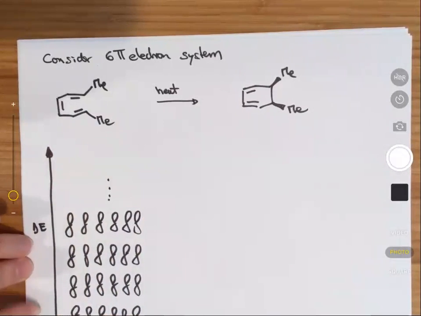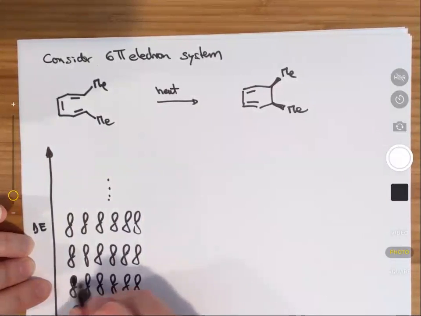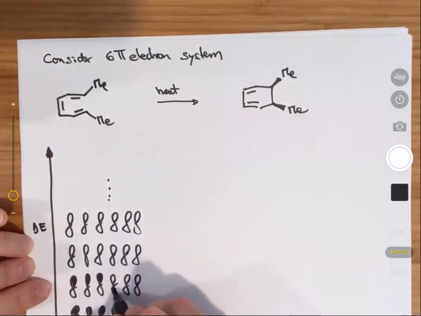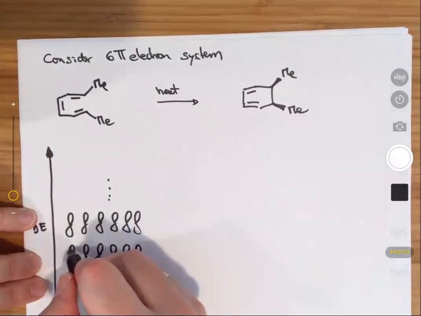The higher ones are not that relevant in this case. So again, we can fill these out. So phi 1 is going to be the one that has all on the same side. Phi 2 is going to be the one that has 1 node, so 1 node at the center. And phi 3 is going to be the one that has 2 nodes.